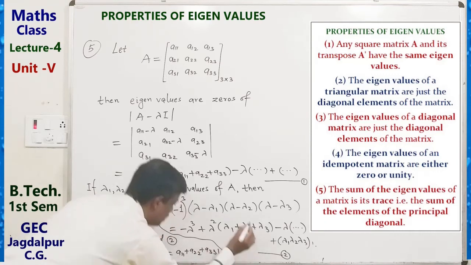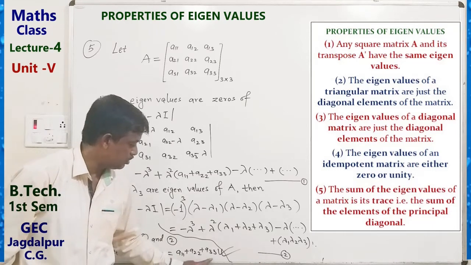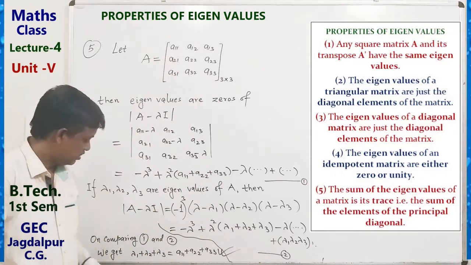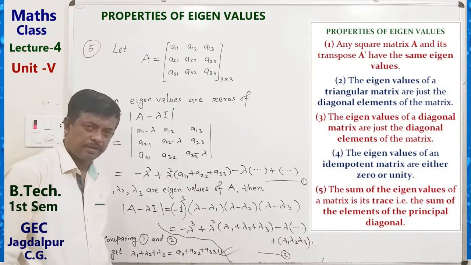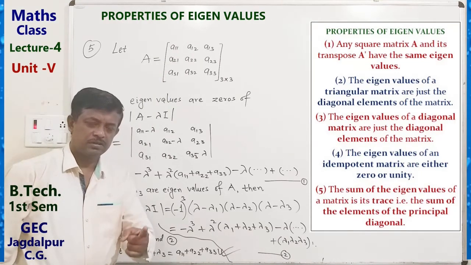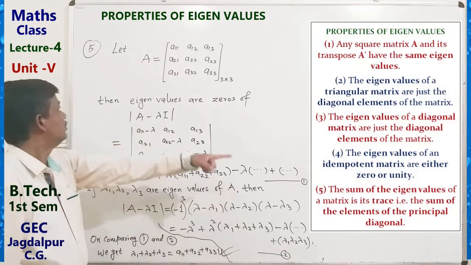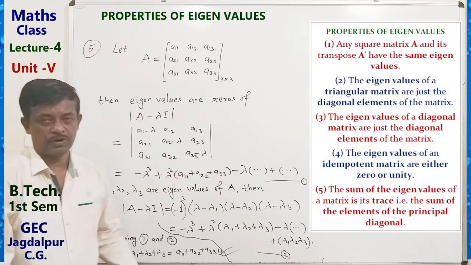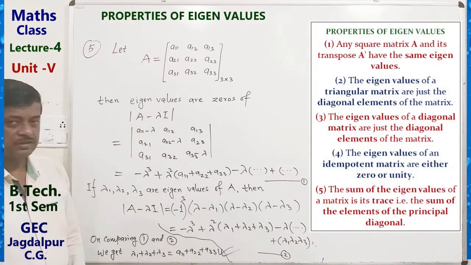So this is our result. Principal diagonal elements A11, A22, A33, and eigenvalues lambda 1, lambda 2, lambda 3. The sum of eigenvalues is equal to the sum of elements of the principal diagonal. This is the fifth property. Clear? So very important. Remember it.